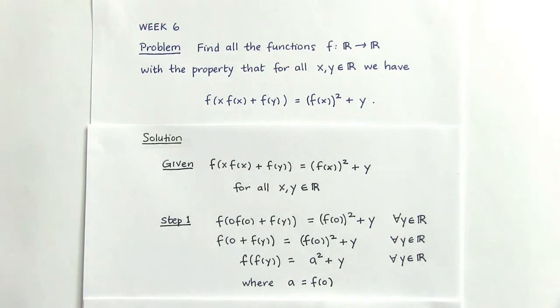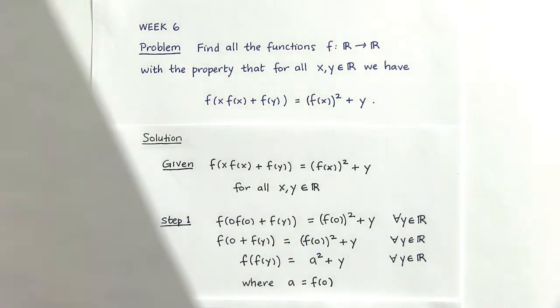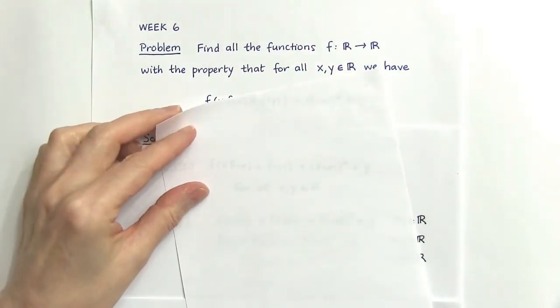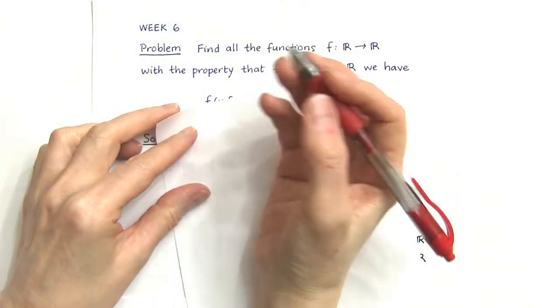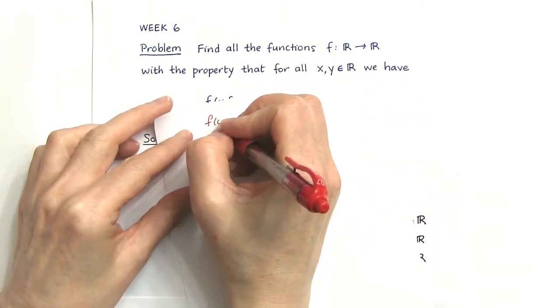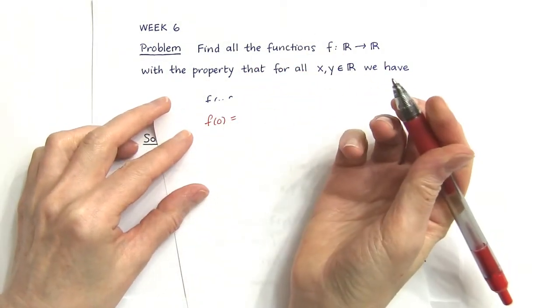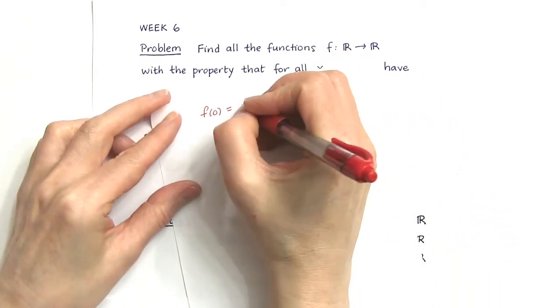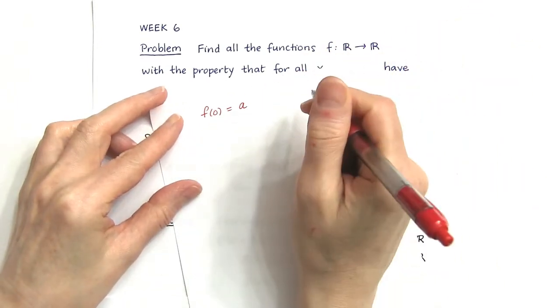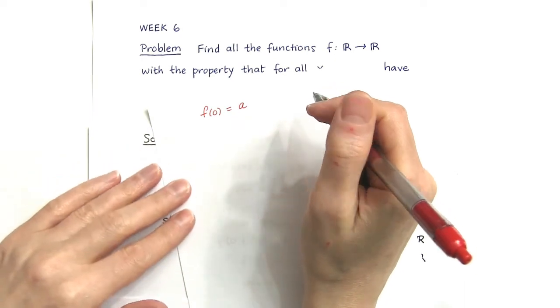I need to extract some information about the shape and behavior of f from this property. One of the easiest questions I could ask is, where does 0 go? What's f at 0? I'll call it a. I'll give it a name.